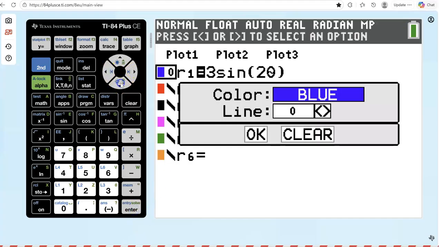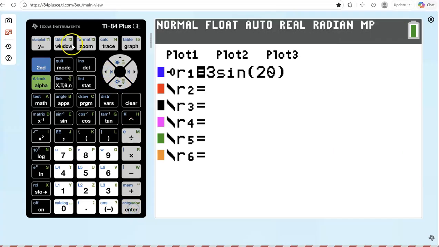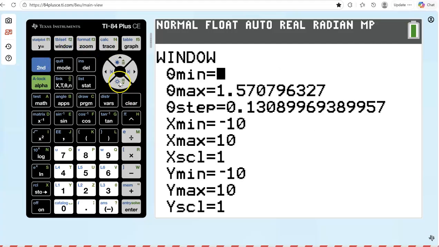Let me change it back so it does show me the lines. We'll try it one more time. Let's see if I can make my step size really small. Go to window. Set it to .001. You would not want to do this on your calculator because it will slow it down. But since I'm using my computer-based one, it's just moving too fast for us to see orientation.